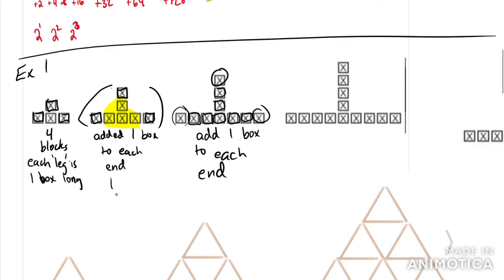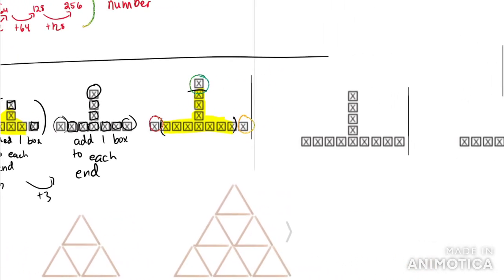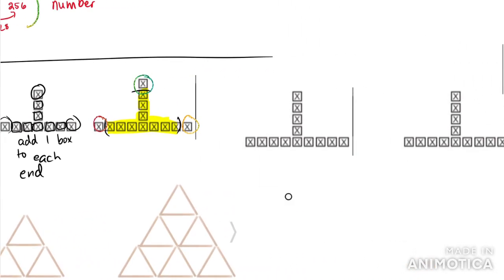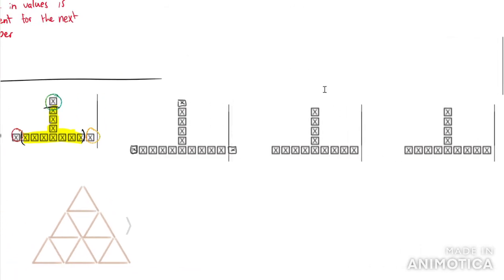Another way I can think about this is each jump, if I'm adding 1 box to each end, is I'm going to go up by 3. So again, I'm looking for the previous shape, so now I'm looking for 3 long on each side. So our original or our last shape is right here, and then our new ones are right here. So I'm feeling pretty confident at this point that my pattern, if I'm going to add in boxes, I can do 1 box here, one box here, and then one box here. And since you know what, I'll get rid of these two.